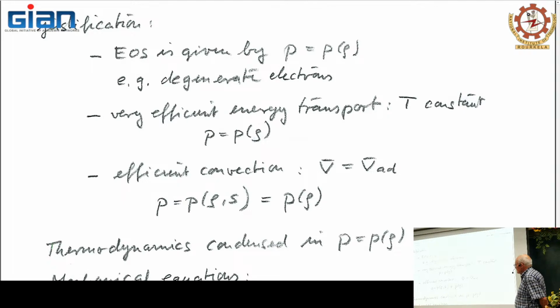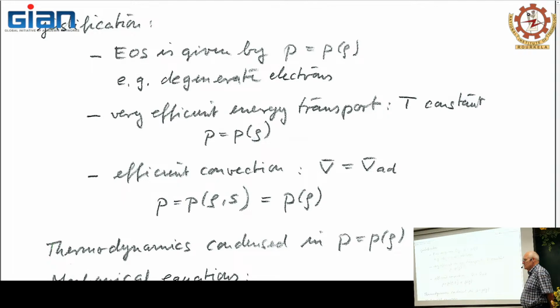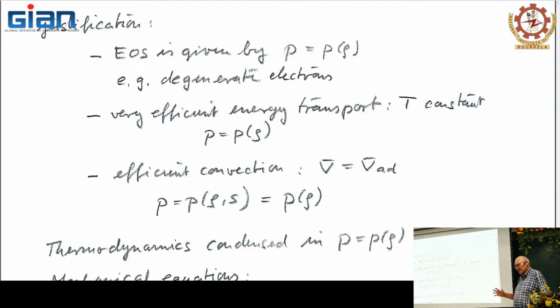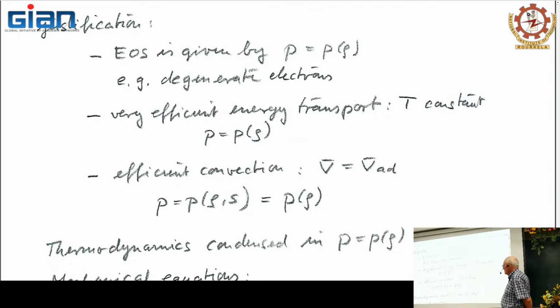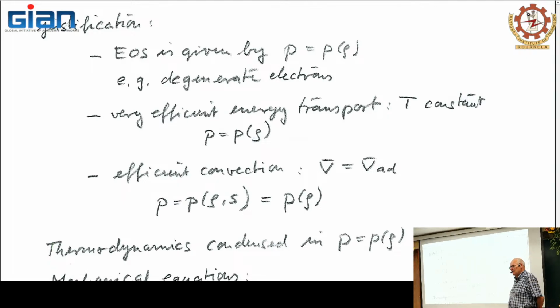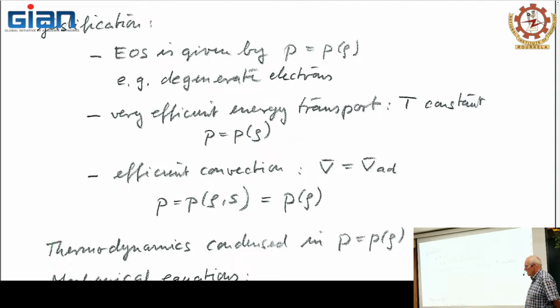Another case which may result in a pressure-density relation is if the convection is efficient. This happens, for instance, for cool stars or for cool regions within the Hertzsprung-Russell diagram. For instance, on the Hayashi line, the definition of the Hayashi line involves that the value of nabla is equal to the adiabatic value.